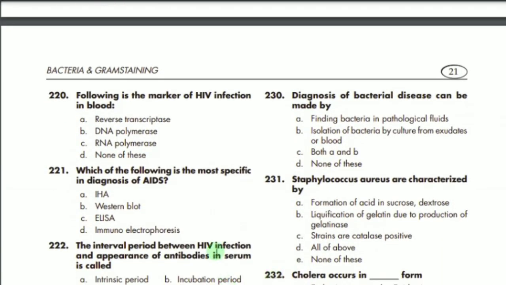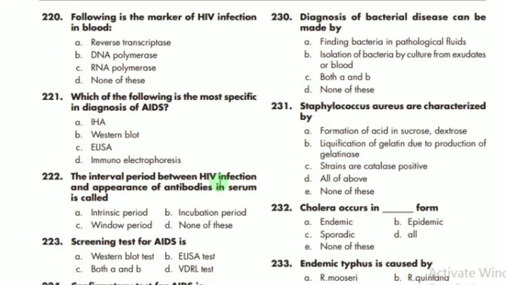Now MCQ 220 says that the marker in HIV infection is reverse transcriptase. A is the correct option. Which one of the following is most specific in diagnosis of AIDS? Western blotting is mostly used for AIDS diagnosis. Although other tests are also used, Western blotting is one of the best techniques.